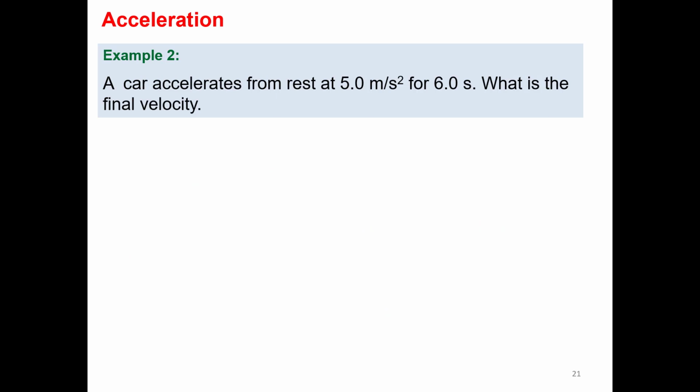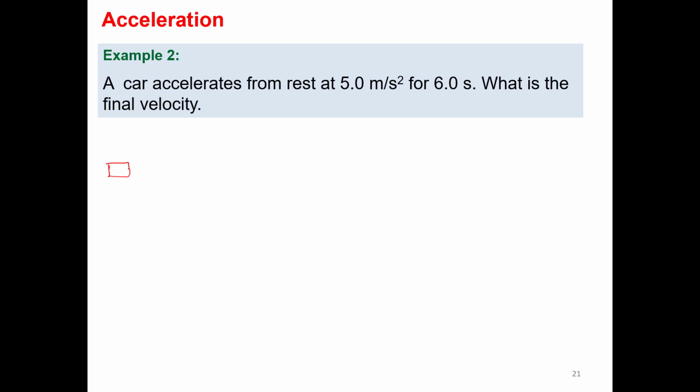In this example, a car accelerates from rest at 5 meters per second squared for 6 seconds. Then we want to know the final velocity of the car. Let's try to understand what is happening in this case.